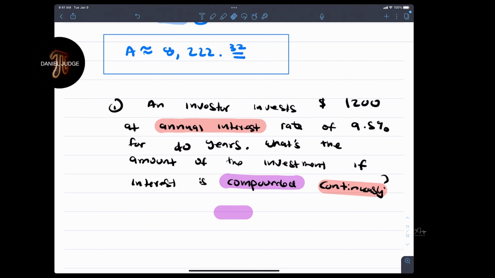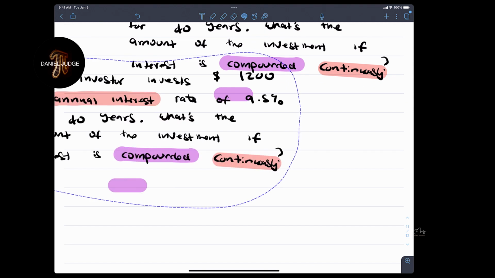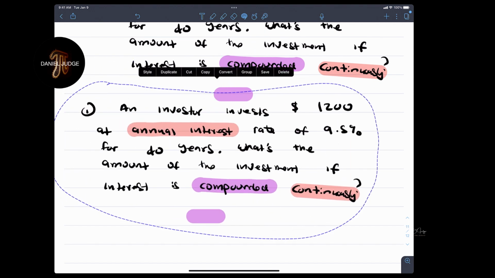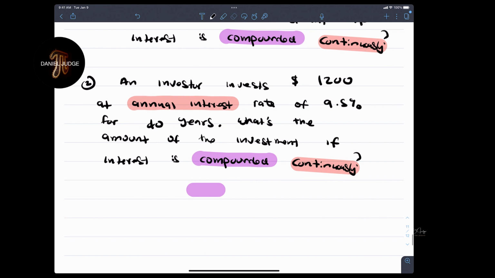Question 1. Two. Let's see. 1,000 at 6.5% for 28 years.